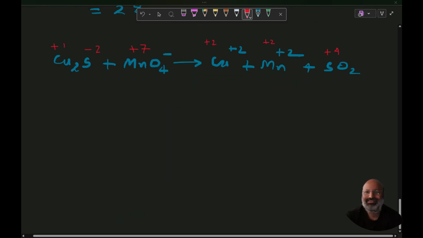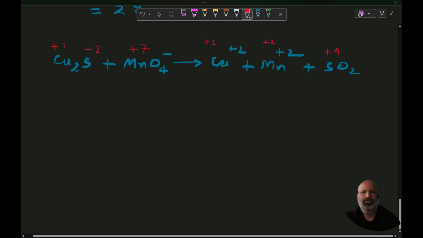Now you can see in this case, I have written all oxidation states, and of course, oxidation and reduction are both going on simultaneously. But I don't need to track both. I need to only track the oxidation part or the reduction part, because in oxidation, if X number of electrons are lost, then in the reduction, X number of electrons will be gained, and X is our n factor.